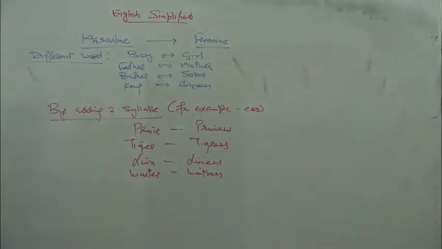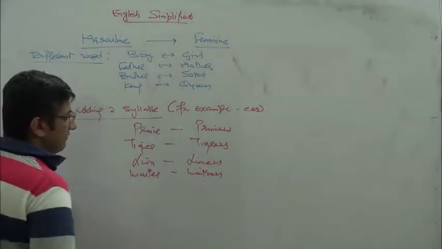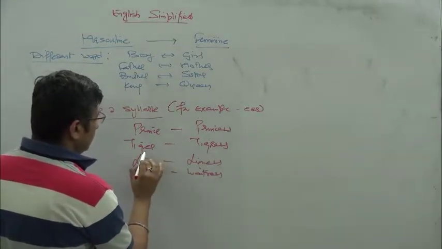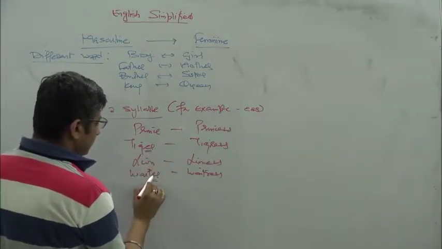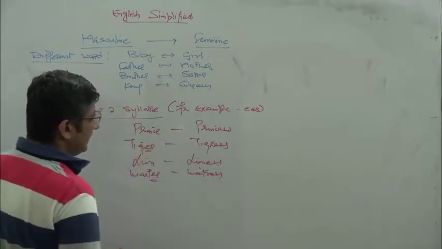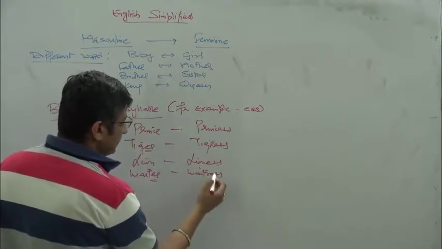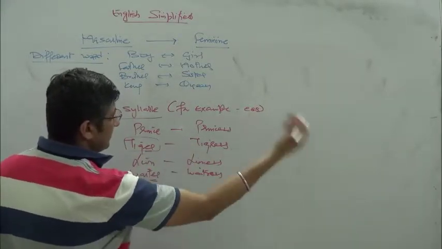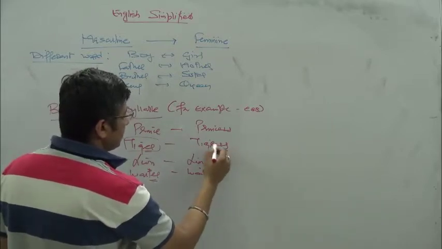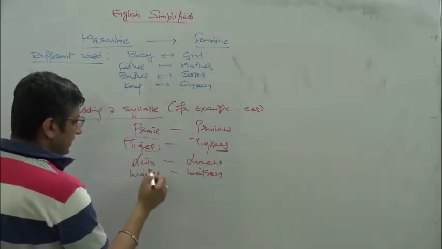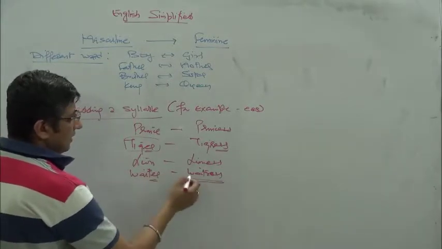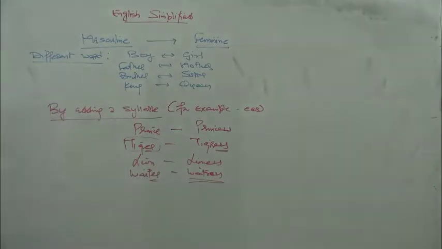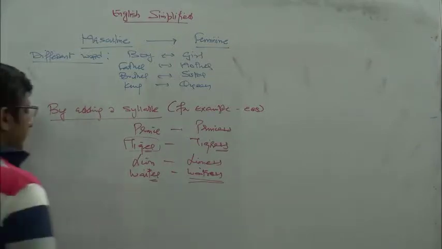All right, something that you need to make yourself comfortable with is that here there is the letter E, which is just before the final letter, and that is replaced, right? For example, in case of a tiger, E is removed and the ESS is placed after R. Likewise, in case of a waiter, E is removed and waitress becomes, of course, the feminine gender for that.